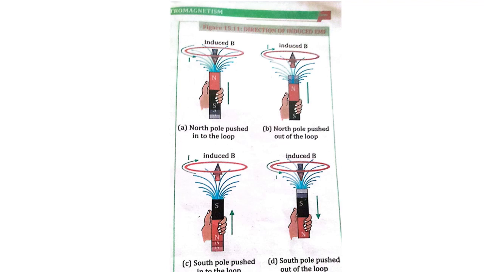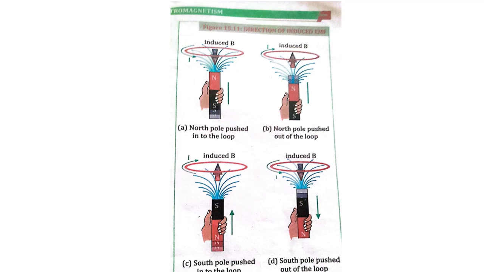As we know, like poles repel each other. Using the right hand rule, this happens only if the induced current is counterclockwise as seen from below, as shown in figure 15.11.